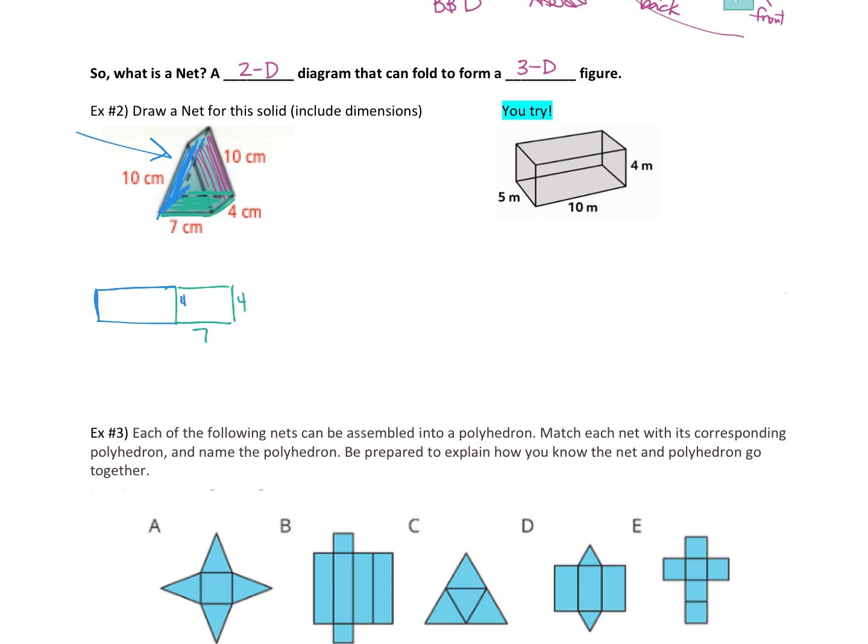That's this side right here. And then this side should be 10. Now my purple, the one I shaded purple, is the same thing, a 4x10 again. So that's going to go on this side. You could put it on the left. I just like it to be symmetrical. And this is a 10.